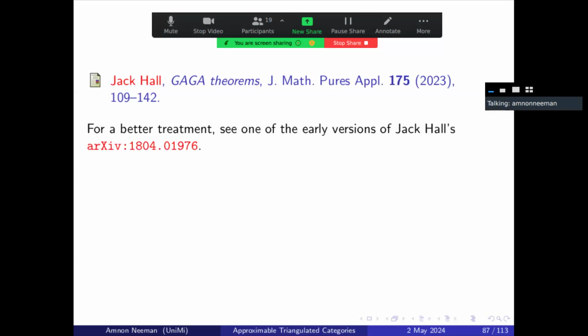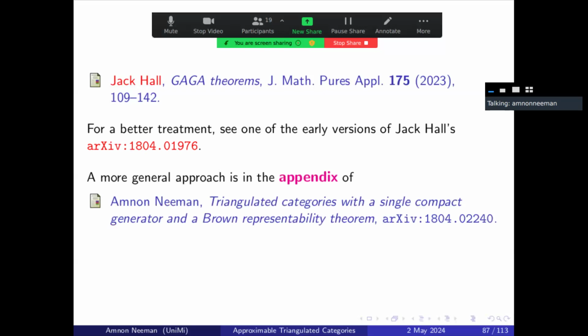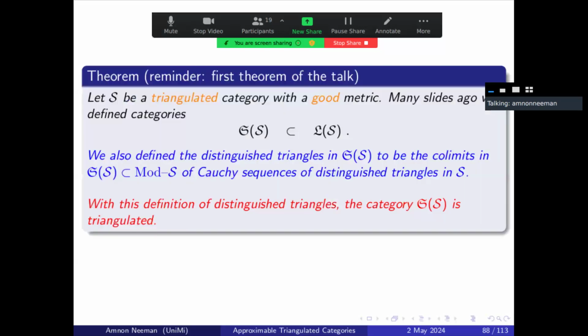So I recommend the earlier versions of the paper, which you can see on the arXiv, or the appendix to my paper, which also has the central simple idea and very little else. Anyway, so much for this.